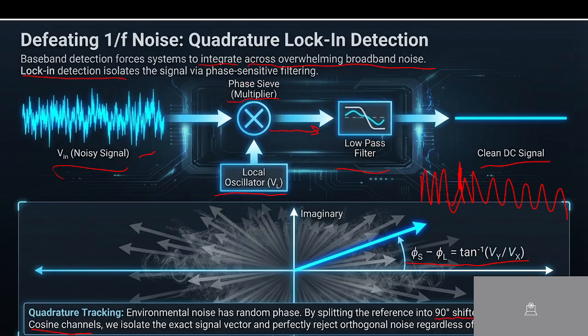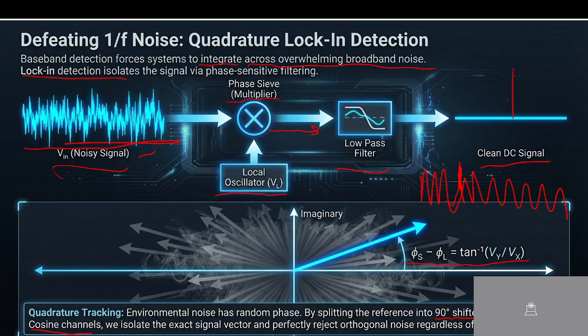So what you need to do is use quadrature lock-in detection, a technique used to extract a very weak signal buried in noise. In this noisy signal you might have one clean DC signal, and one small signal like this, or it can be a Gaussian also. I'll just keep a line. So we need to detect this one.